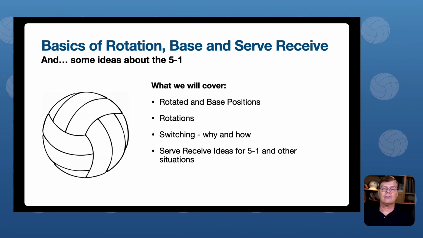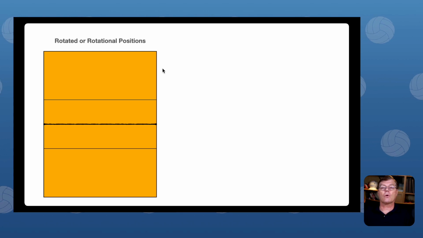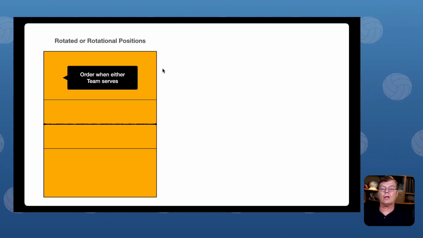There are all kinds of numbering systems, but that's fairly widely used and something you'll probably run into in most cases, and certainly in our program, that's what you'll see. So let's take a look a little bit further here. So rotated or rotational positions, what do they look like? Well, it's the order when either team serves, when you serve or when they serve.